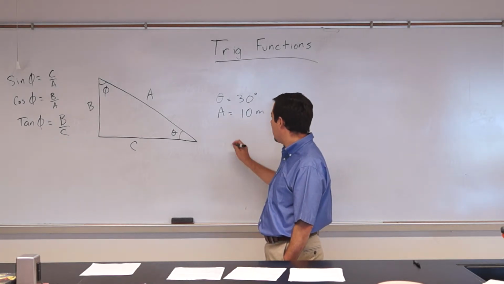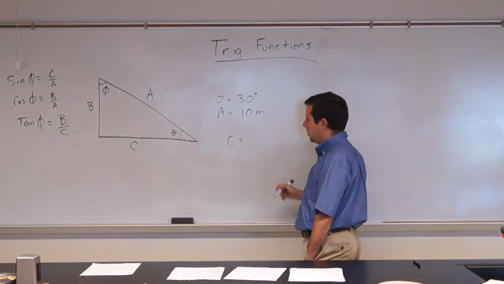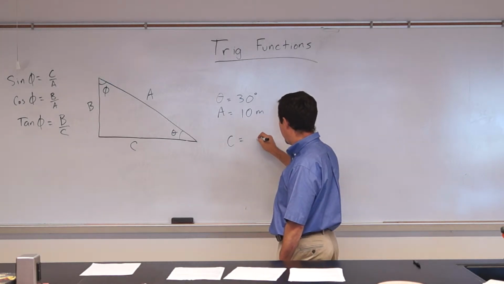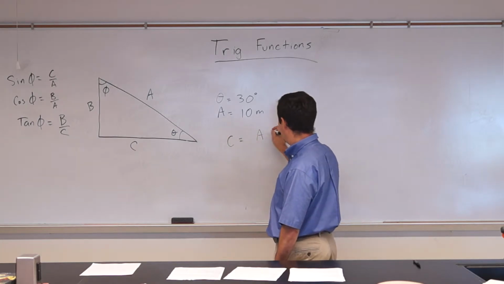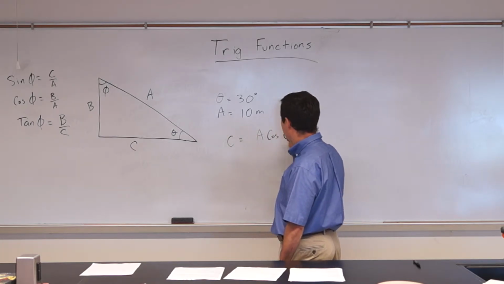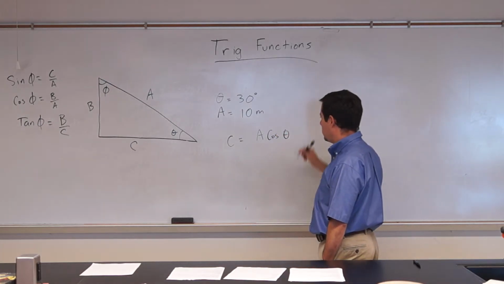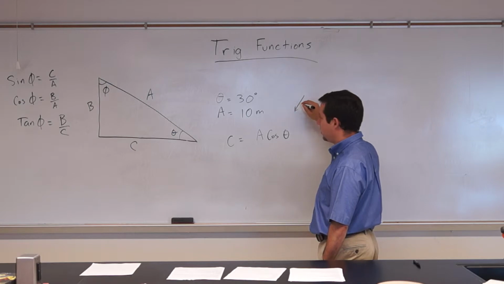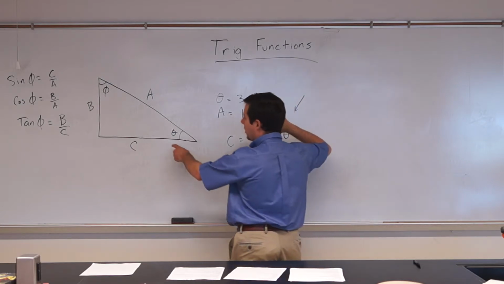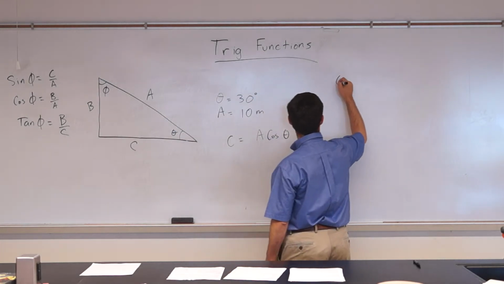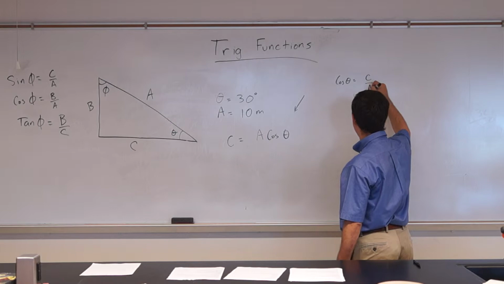Very important. So C is just going to be side A times the cosine of the angle. Right? I can show this to you. We know that cosine is adjacent over hypotenuse. So cosine of theta is equal to c divided by a.